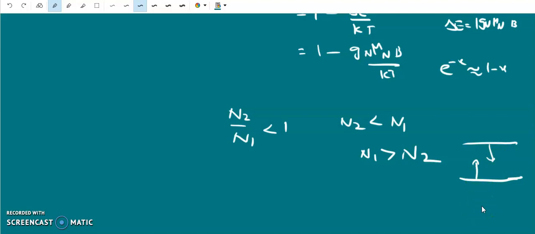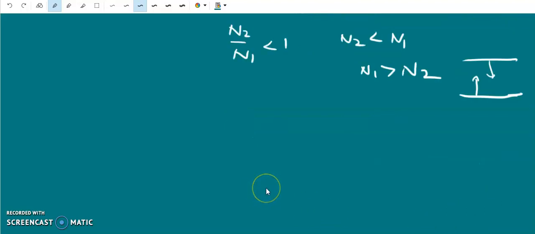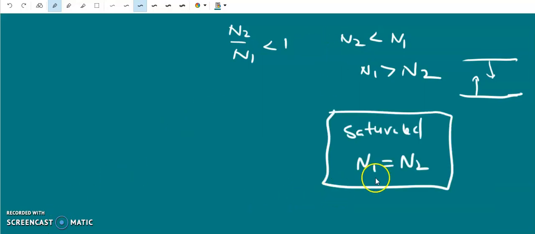When absorption predominates, there is a stage when the populations of the upper and lower states become equal. At that stage, the probabilities of upward and downward transitions are equal, absorption and emission are equal, and the system is said to be saturated when N1 is equal to N2.